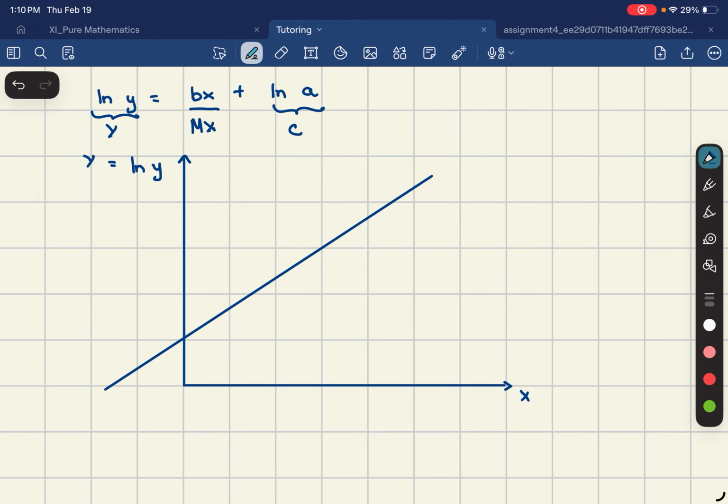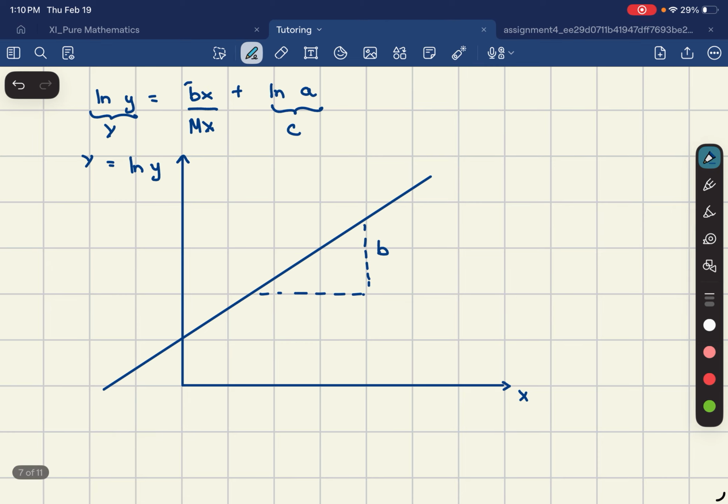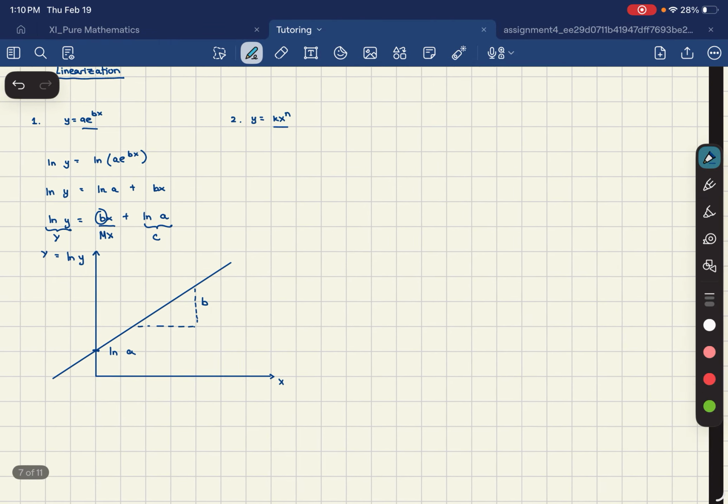I have a straight line graph because it's just y is equal to mx plus c. And the gradient, the slope of my straight line graph is just b, because that is multiplying my independent variable, x, and the y-intercept is just ln a. So that is something to remember.